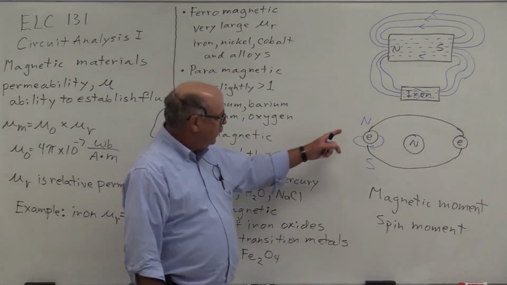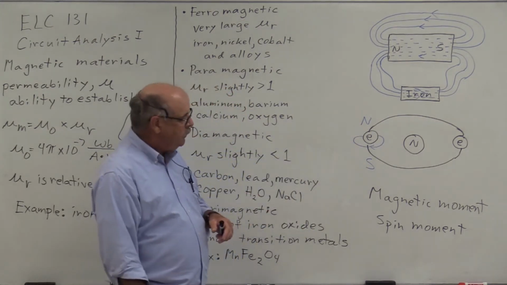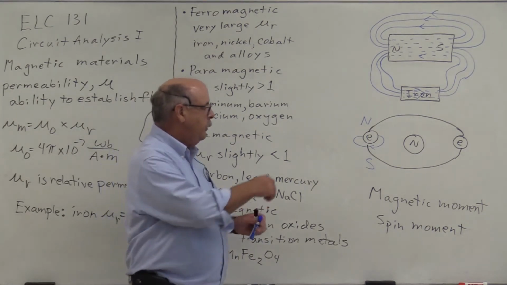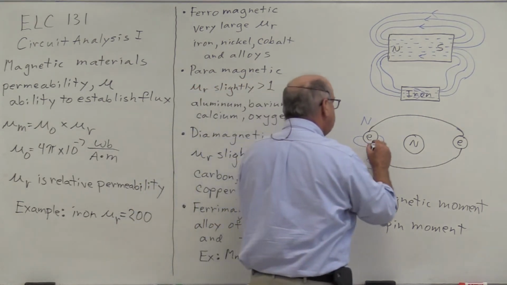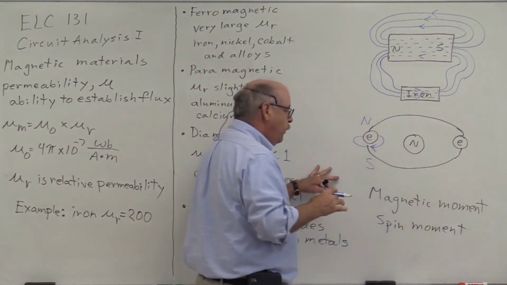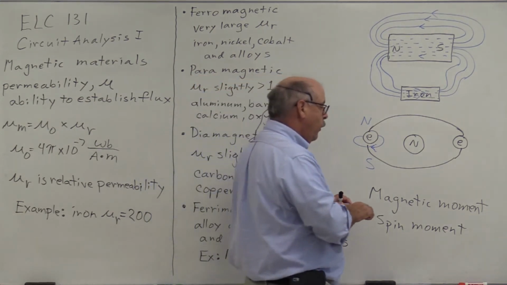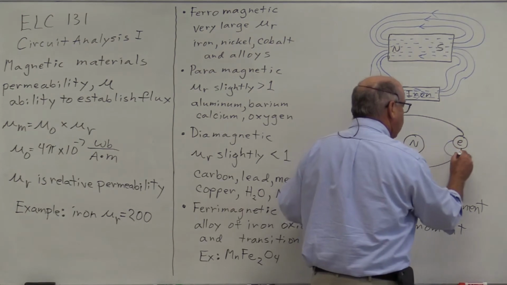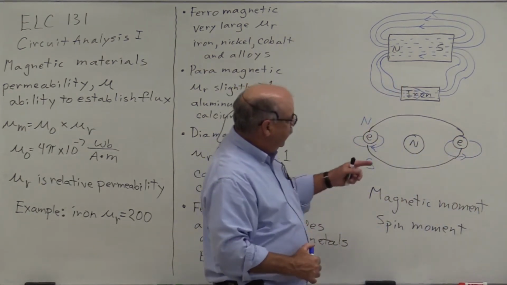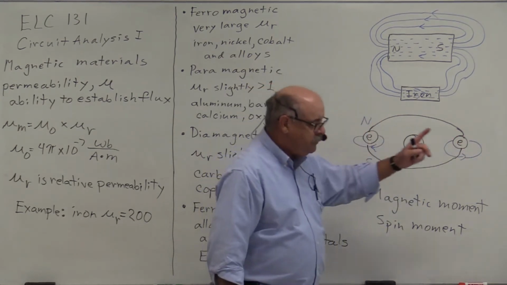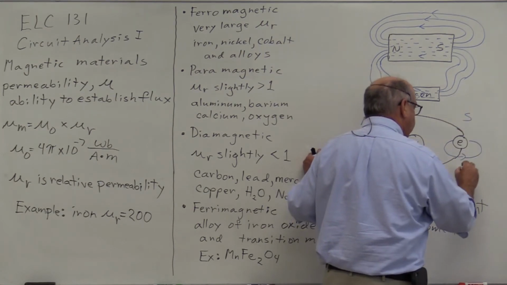And the direction of the north to south pole of this magnetic moment of this particular electron is determined by the direction of its rotation. Now, with this particular atom, since it has 2 electrons in the outer orbit, this electron will have an opposite orbit. It will be spinning in the opposite direction, and it will have a magnetic moment south to north.